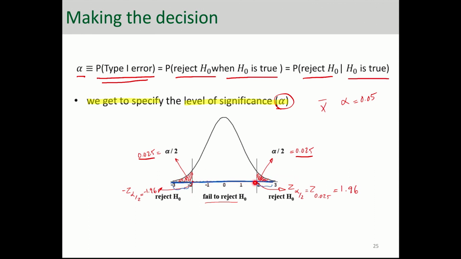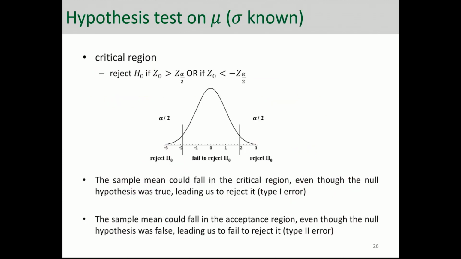If your Z-score is between 1.96 and negative 1.96, you fail to reject the null hypothesis. And this is what this slide is about. You would reject the null hypothesis if your test score is more than Z of alpha over 2 or less than negative Z of alpha over 2.